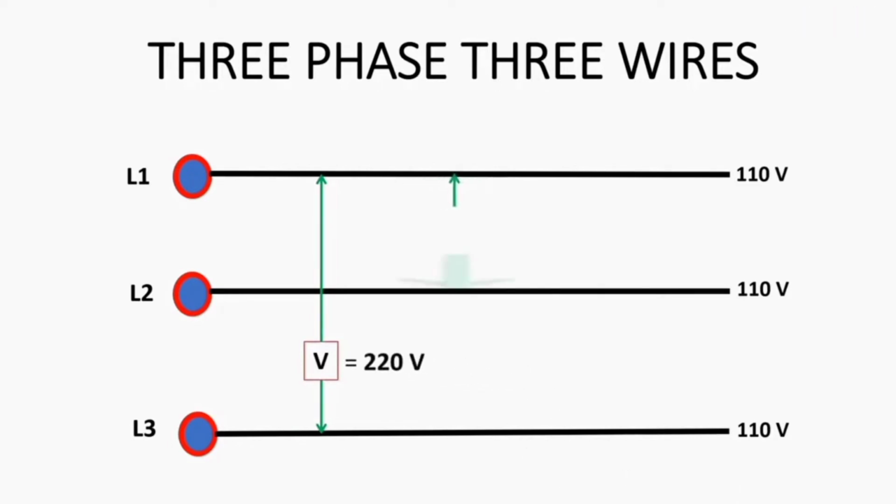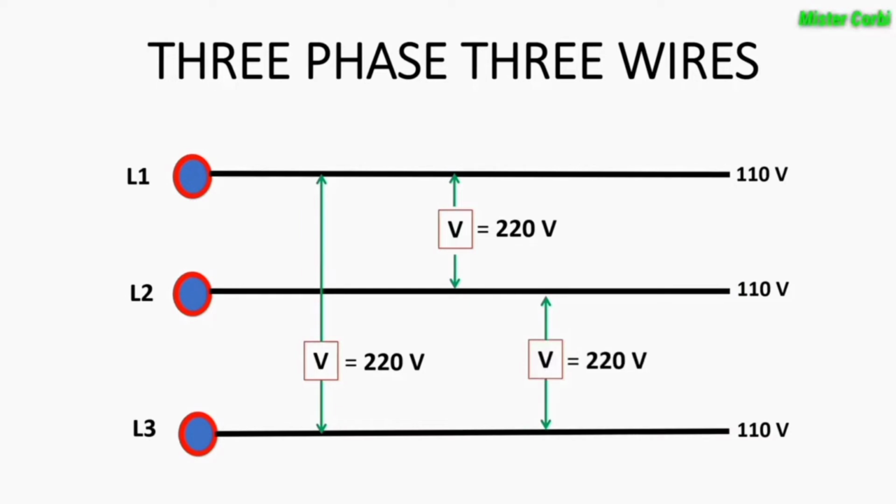When we use line 1 and line 2, the total voltage we have here is 220 volts. And when we use line 2 and line 3, 110 volts from line 2 plus 110 volts from line 3 is equal to 220 volts.